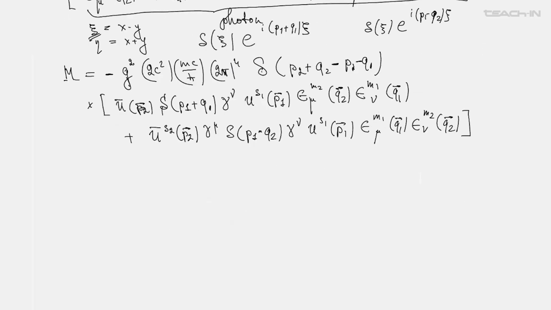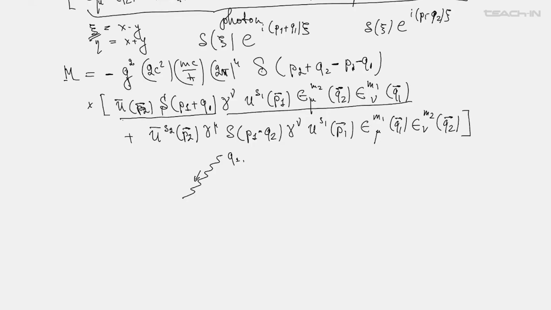So let's consider the first term, this one here. This term can be graphically expressed in the following way. There is an incoming photon which has momentum Q1 and polarization M1. This is what is encoded in this epsilon here.